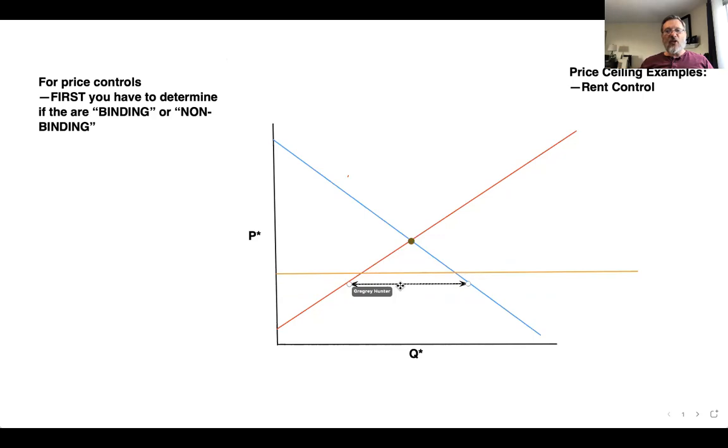Whenever there's excess demand, and I'll try to draw this, a lot of people say that in the housing market, there are a lot of people that want to buy houses because of the low interest rates, and there are only a few houses for sale.